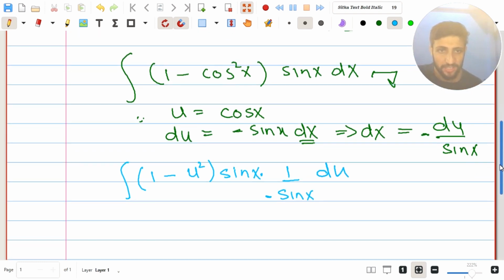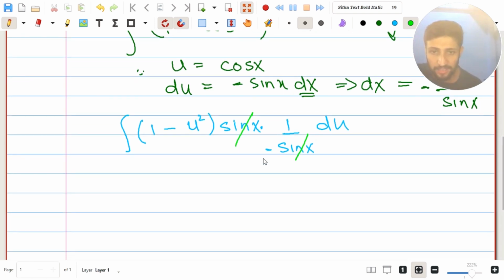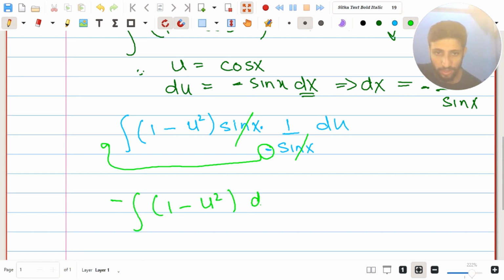You can see that this sin of x will cancel out with this sin of x, and plugging the minus sign in front of the integral sign, you will simply get minus the integral of 1 minus u squared du.